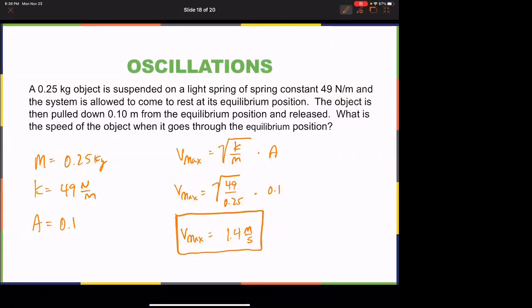Oh, quick question. When you have the 49 newton per meter spring constant, do we have to take into consideration that when the spring is going up past its equilibrium point, gravity could be stronger than the constant? You're saying, do we have to draw a free body diagram if we were looking for the forces acting on it?